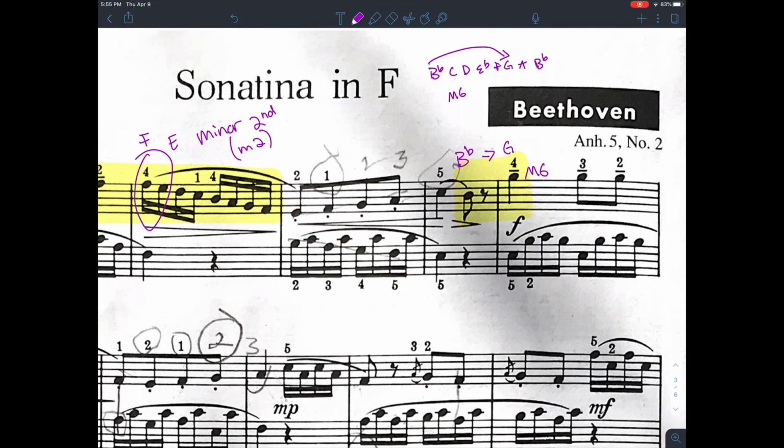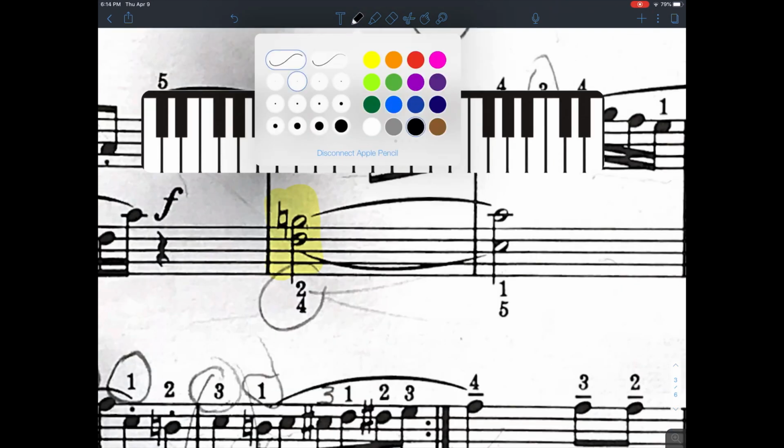It naturally occurs as a major sixth. That's the interval. Or we can think, well, I know a perfect fifth, B to F, and then a sixth is just right above that.